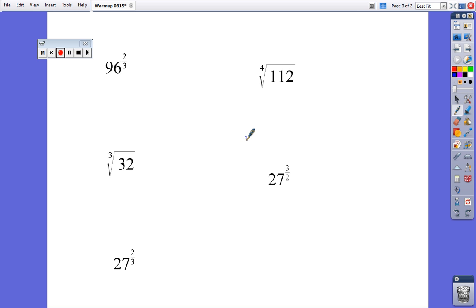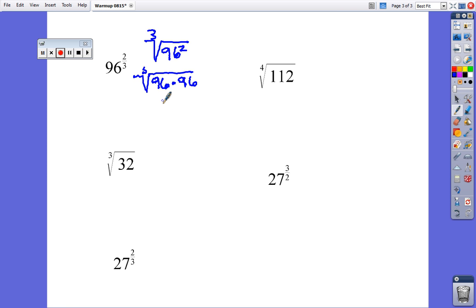96 to the 2/3 power. We could rewrite this as the cube root of 96 squared. Means we could rewrite 96 twice. Now the idea here, since we're looking for a cube root, is to find 3 of a number, and then we could factor those numbers out.